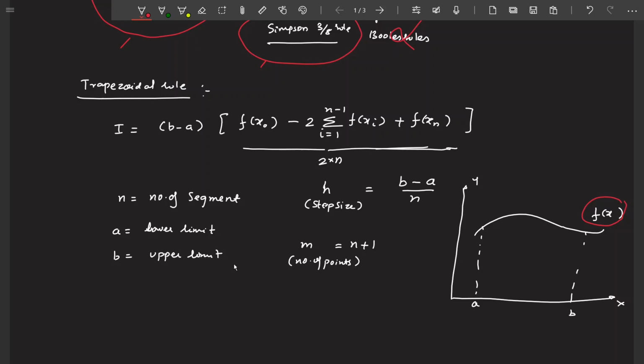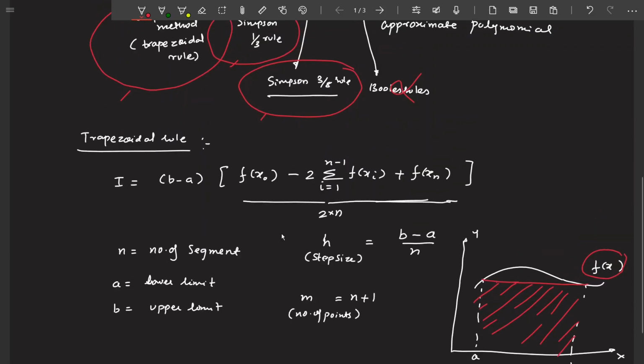So what is a first order polynomial? It's nothing but a line. So you are approximating this by a line. So when you say area under curve, going by trapezoidal rule, it's going to be this. Okay.